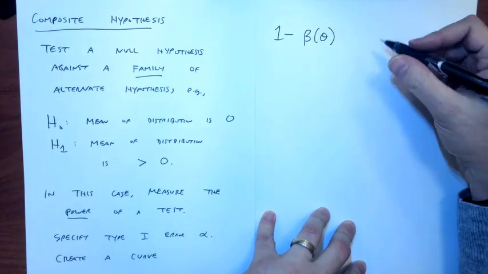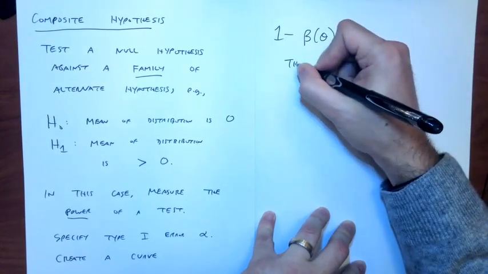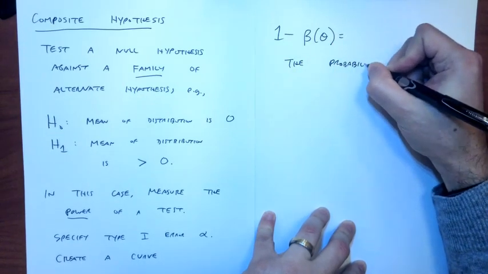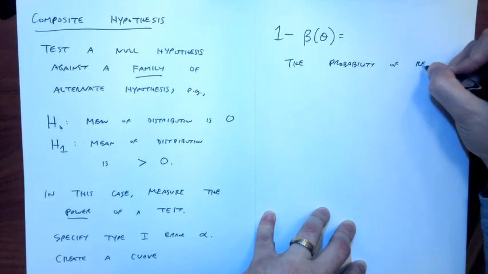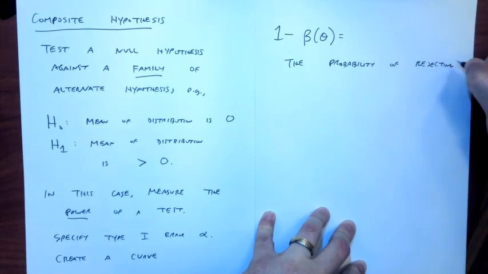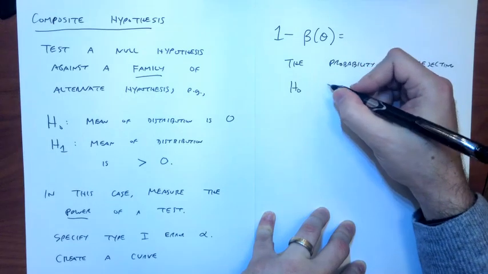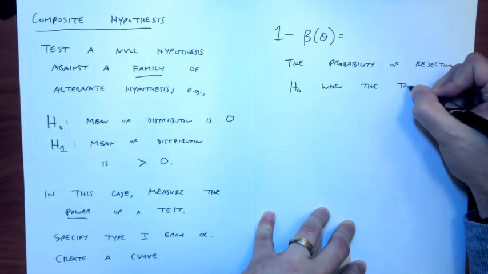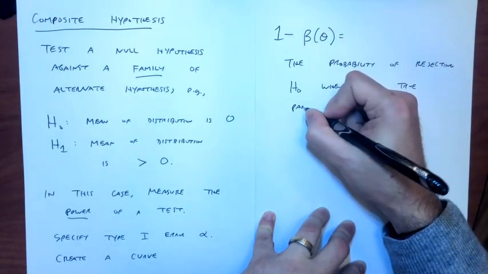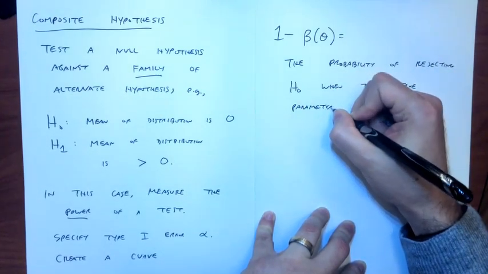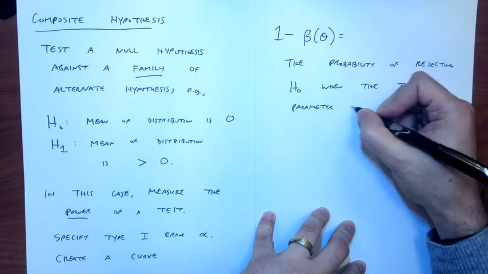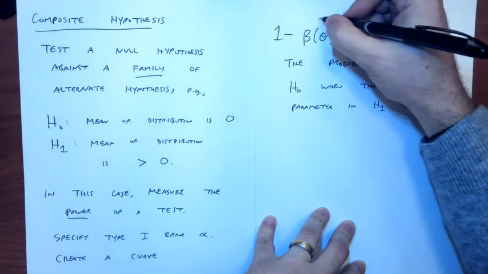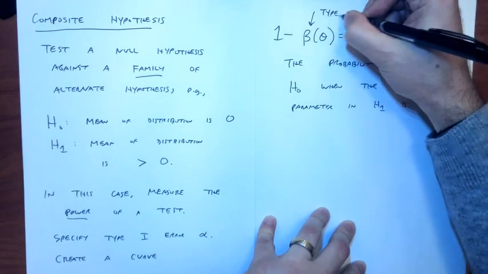This is the probability of rejecting H0 when the true parameter in H1 is theta, right?